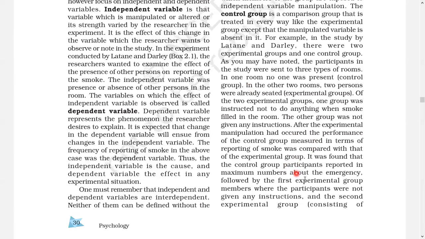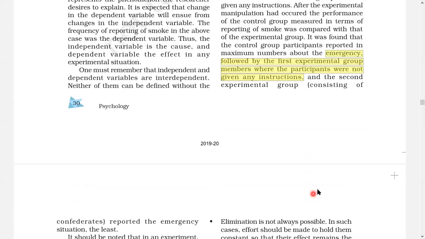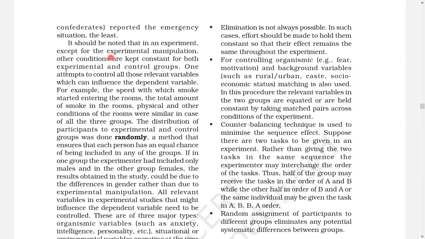It was found that control group participants reported in maximum numbers about the emergency, yes, 70%, followed by the first experimental group where the participants were not given any instructions. And the second experimental group consisting of confederates reported the emergency situation the least because they were instructed not to react.